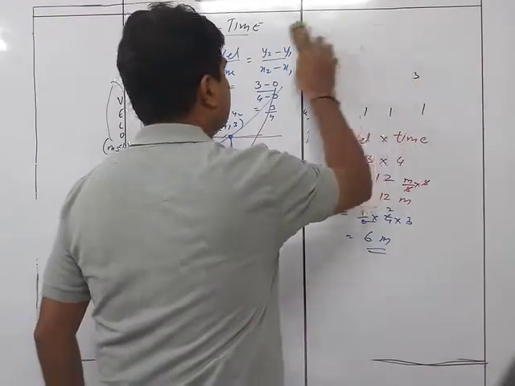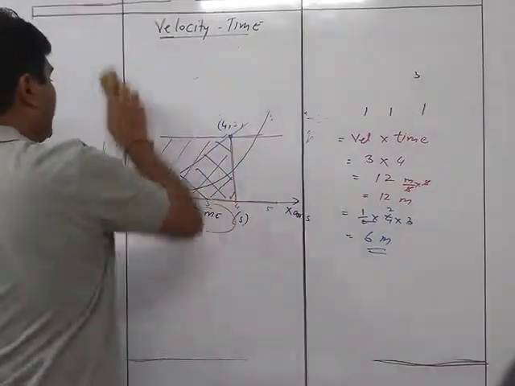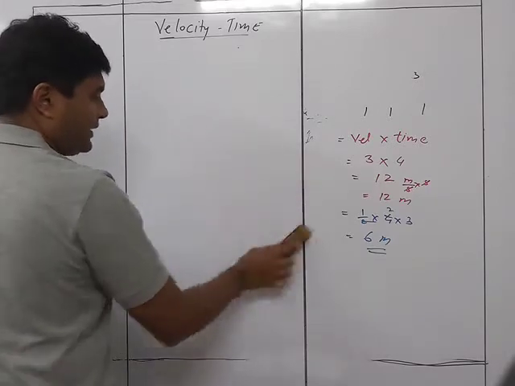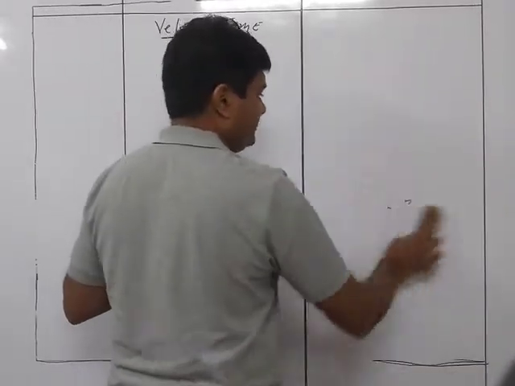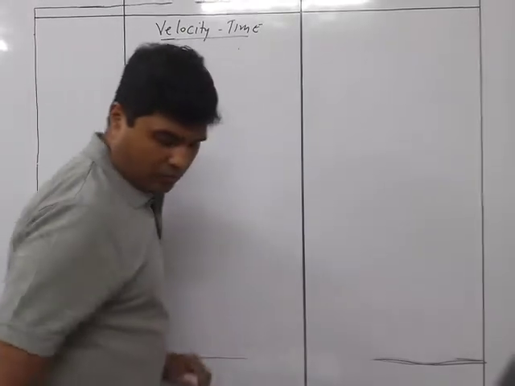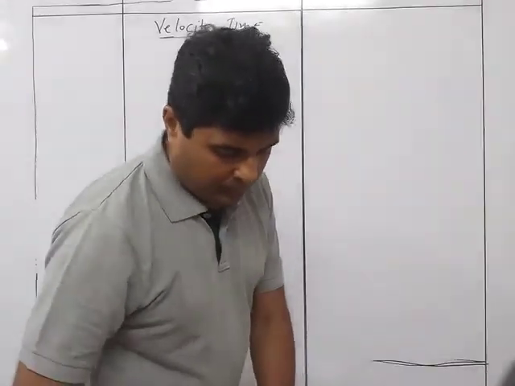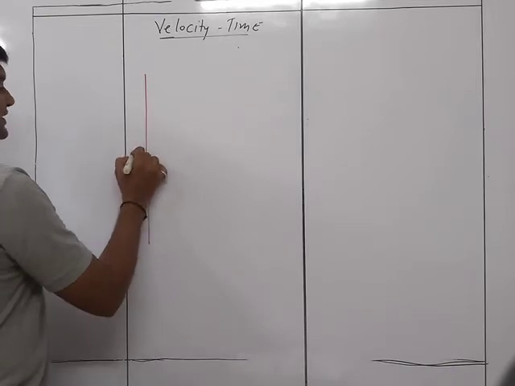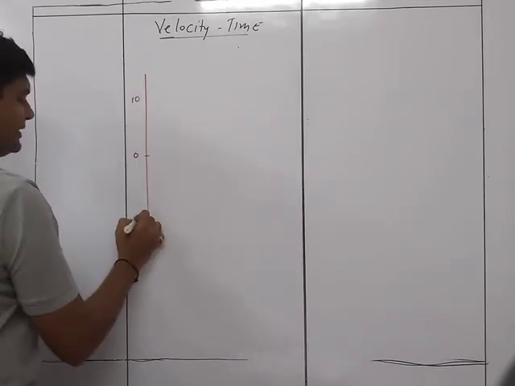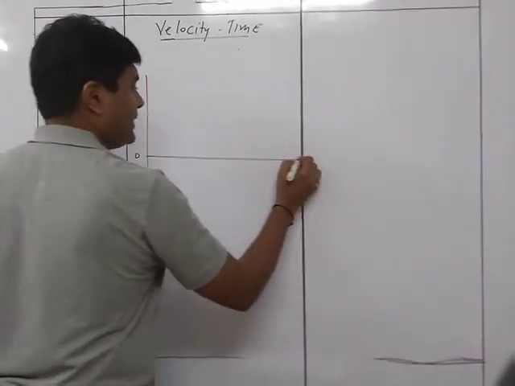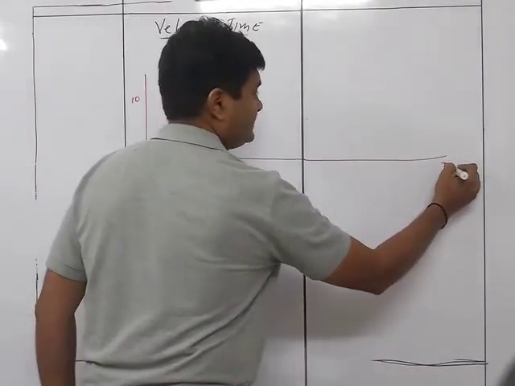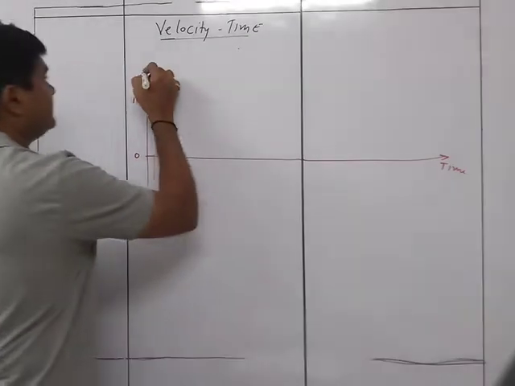Let's consider that we are going to have a new kind of graph. Let's see the graph first and then we will understand what it is about. Let's consider a graph such that this is 0, this is 10, this is minus 10, and this is my central line, the x-axis, the time axis, and this is the velocity.